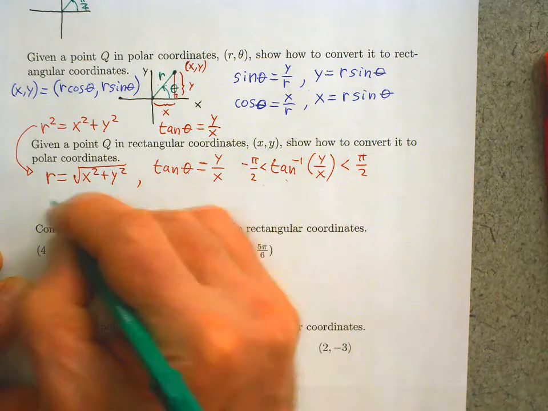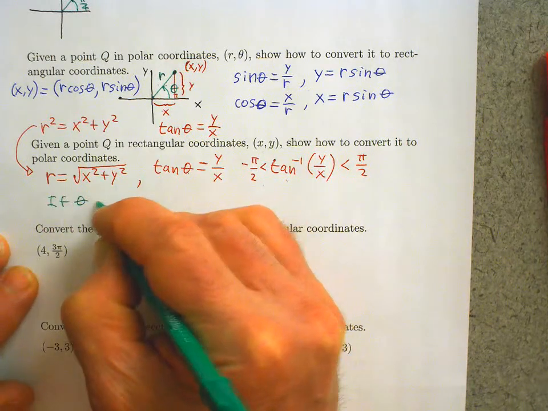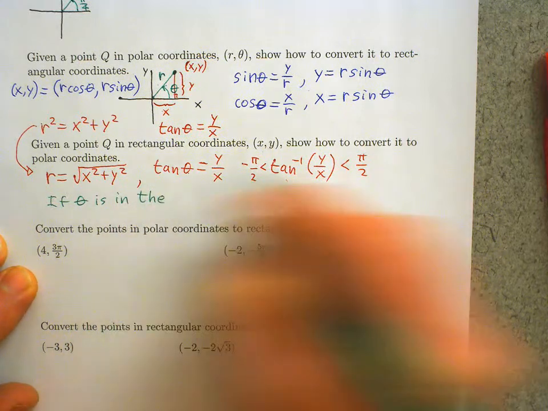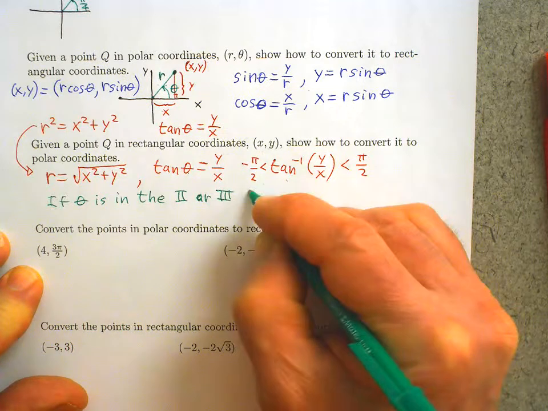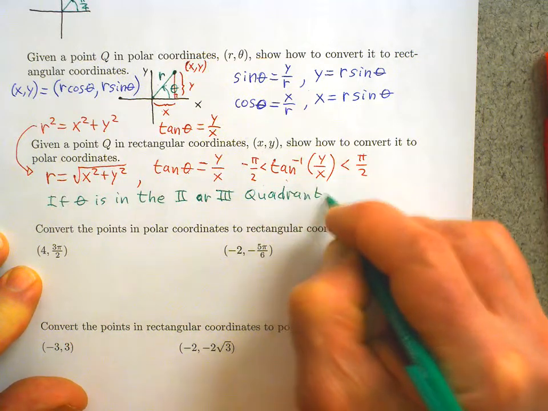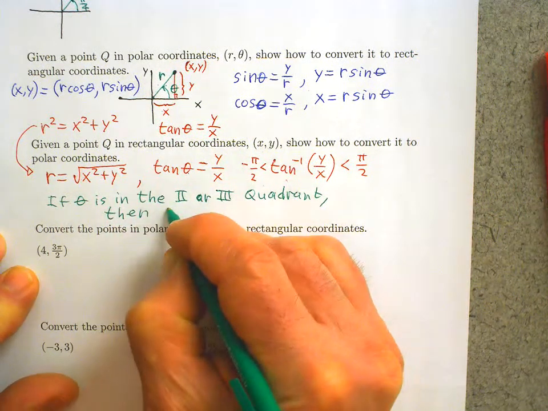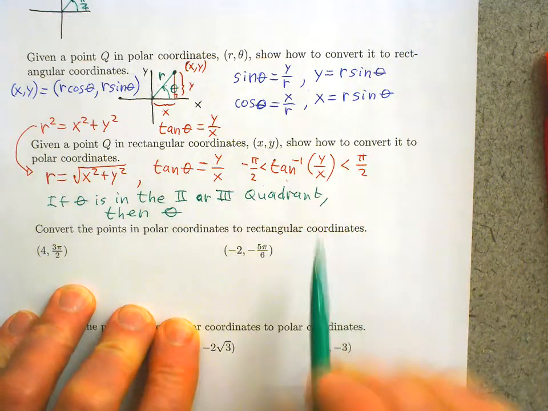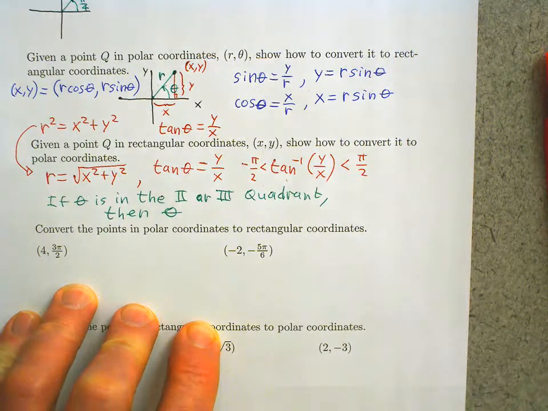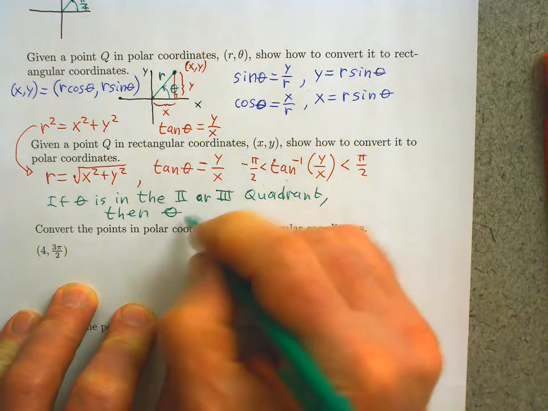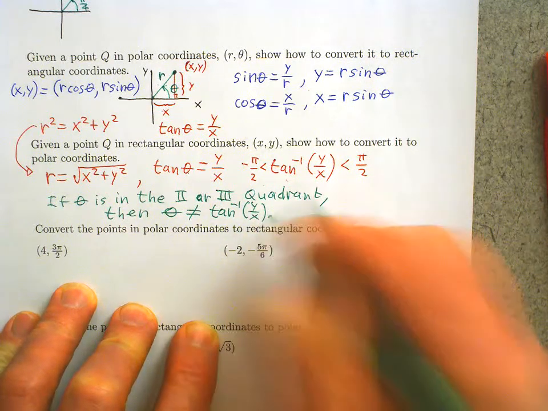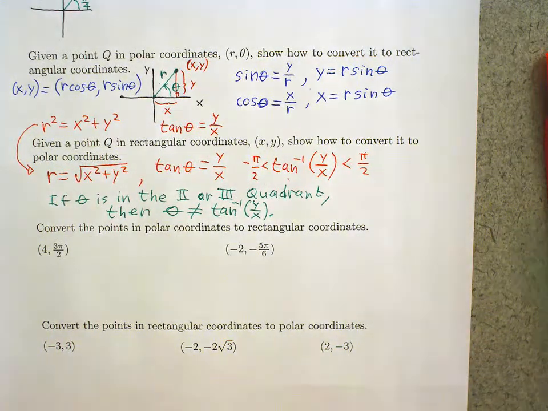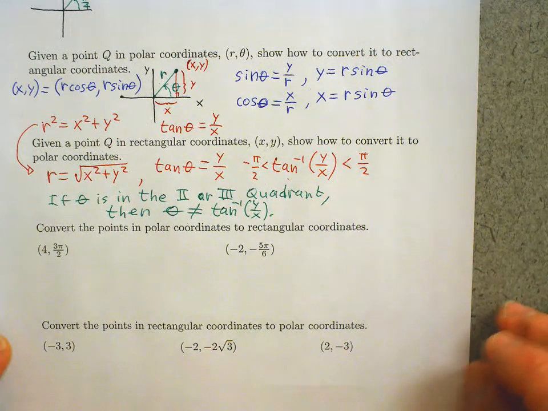But I'll just make a note: if theta is in the second or third quadrant, then theta is not equal to the inverse tangent of y over x, but we can use a reference angle to help us get the correct theta value. So we'll take those case by case.